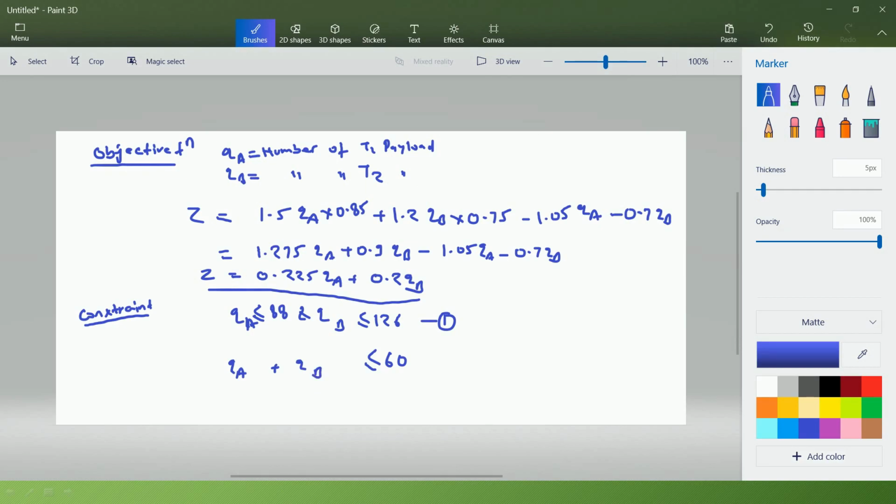The successful probability is 0.85, plus 0.75. Okay. This is equation 2.